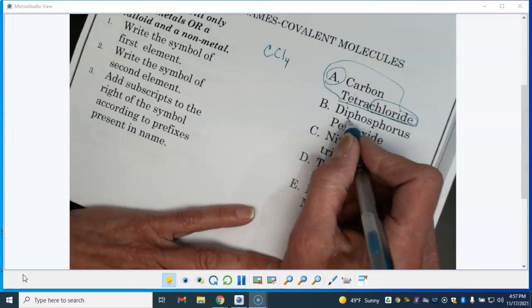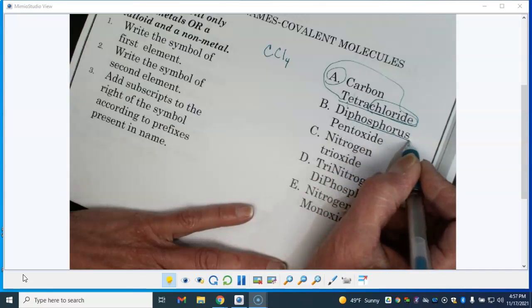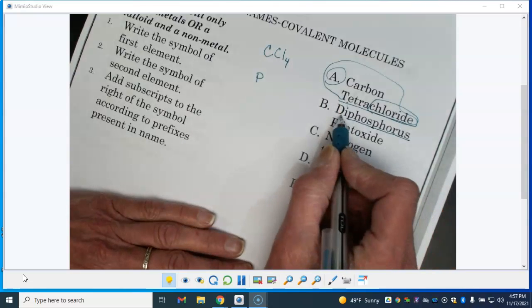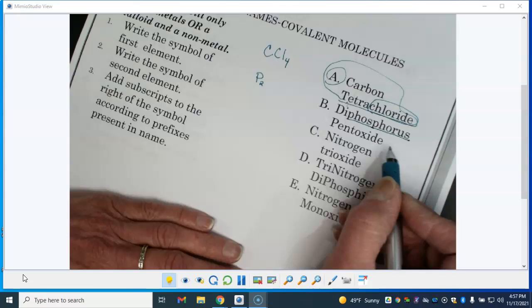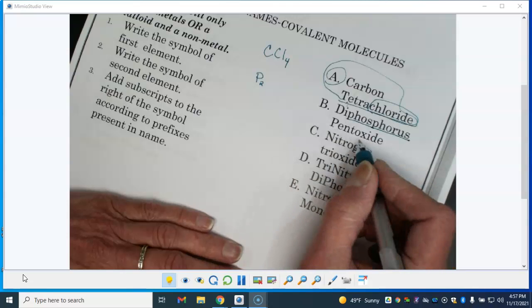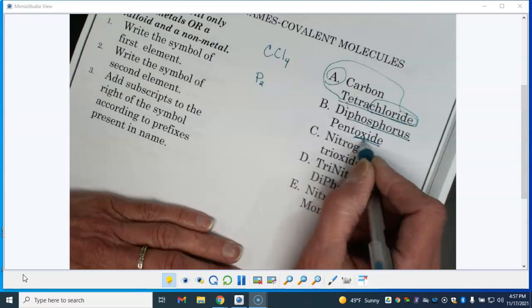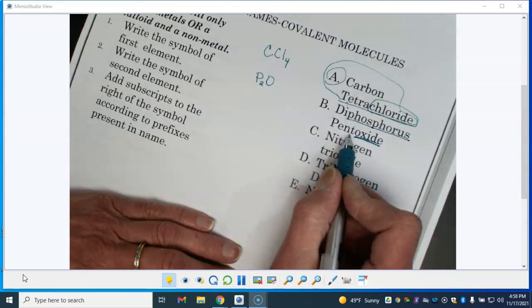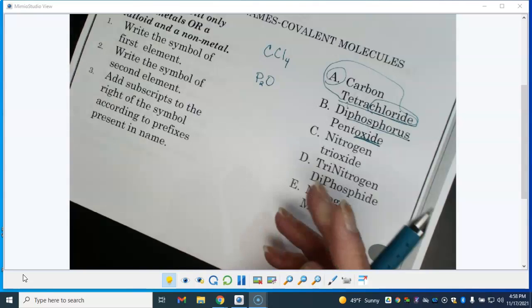So you're going to look at the name. This is diphosphorus pentoxide, so let's start with the phosphorus, okay? Phosphorus is P. The di means 2. Pentoxide, so oxide tells us oxygen, which is O. Pent is the same as penta.